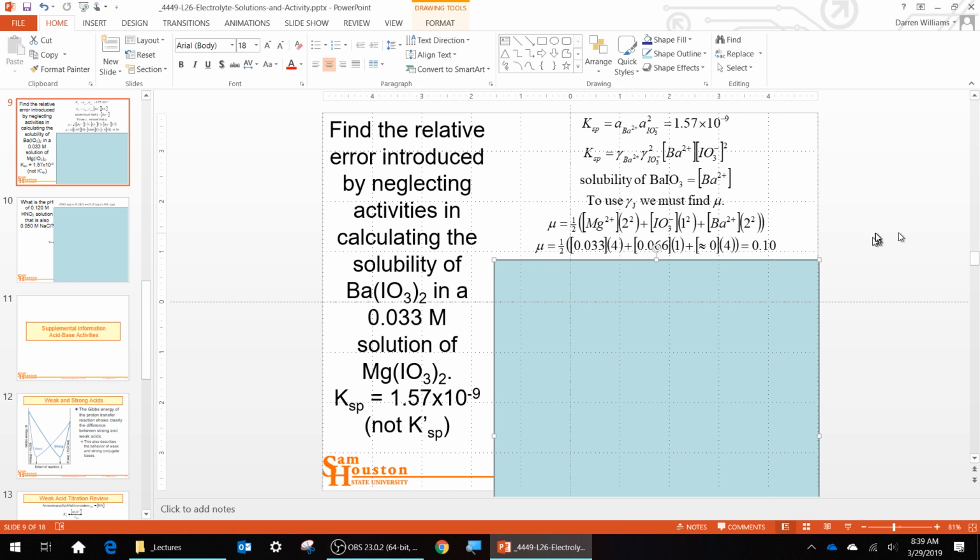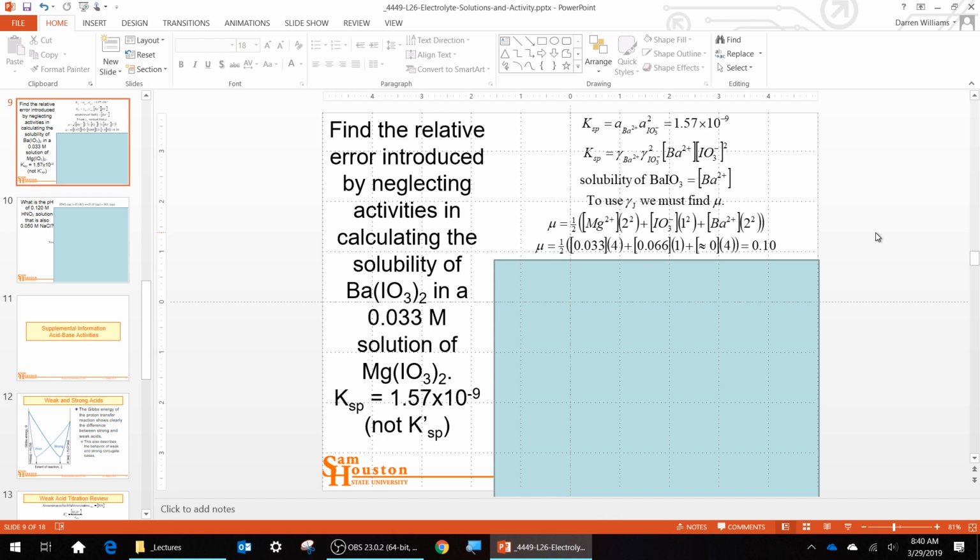Oops, let me move that out of the way. All right, so I've got here 0.033. That's the magnesium ion concentration. And we use that in the ionic strength because it's an ion in solution. So all the ions in solution get used in the ionic strength calculation.